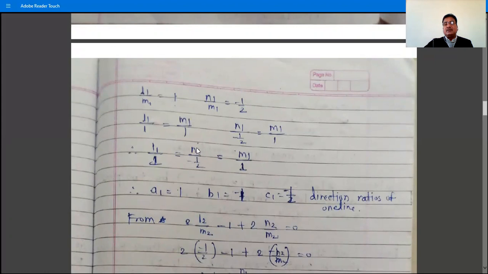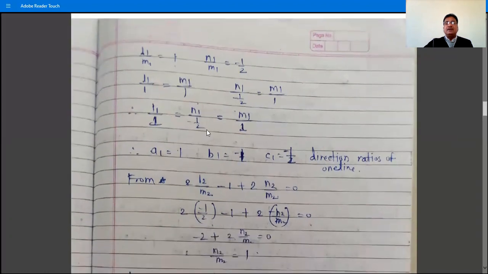So write first l1 by 1, m1 by 1, and is equal to n1 by minus half. The sequence is what? l, then the m term, and then the n term. So from these two equations we have this combined equation l1 by 1 is equal to m1 by 1 is equal to n1 by minus half. So the arrangement is what? The values of these are the same.